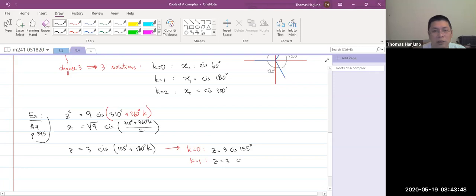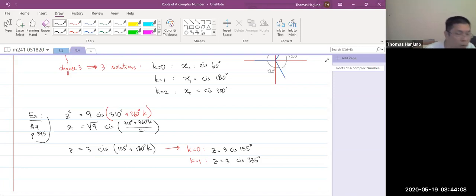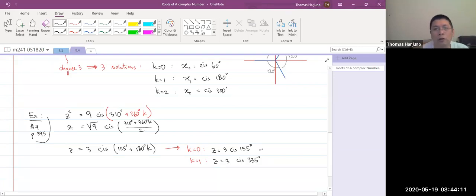When k equals 1, if I add 180, it is 3 cis 335 degrees. That's it. Now if I need to write this in standard form, I just go on further: 3 cosine 155 degrees plus i sine 155 degrees. You see what I mean? And if they are special angles, then you need to use the exact value.